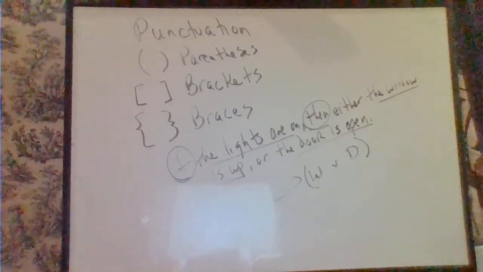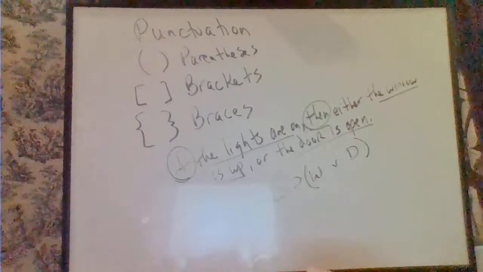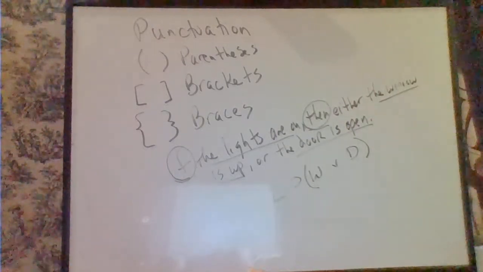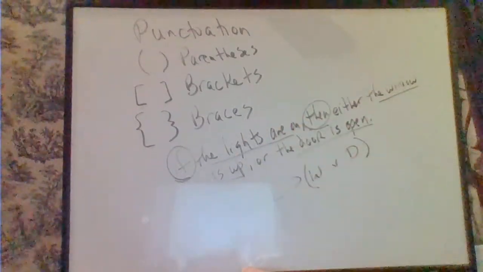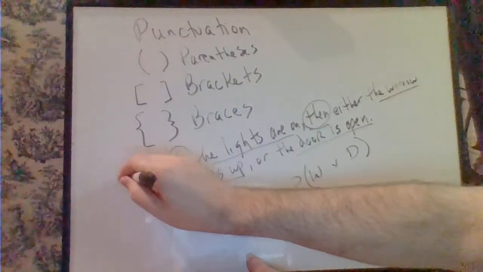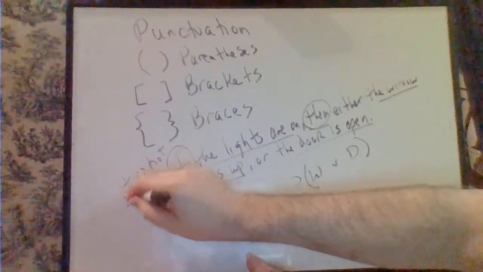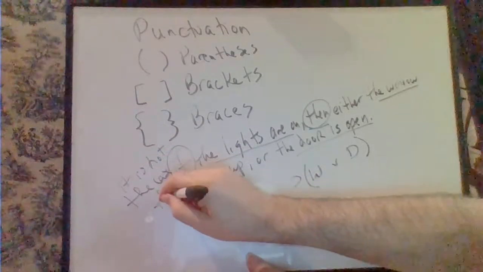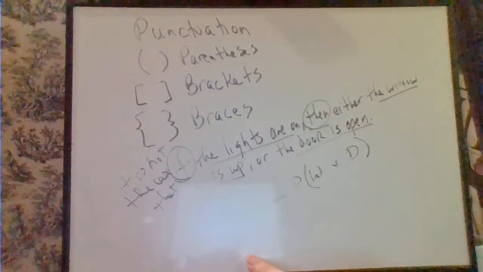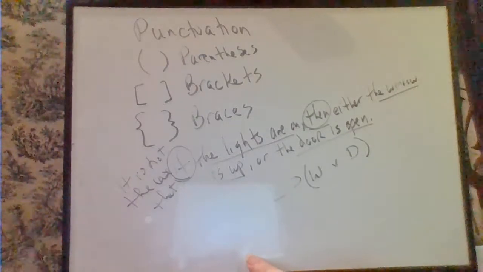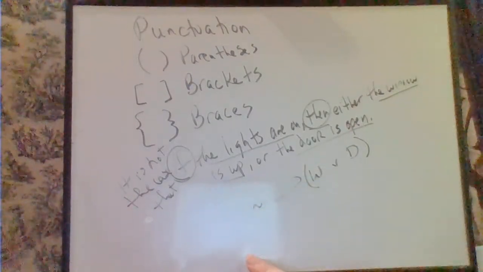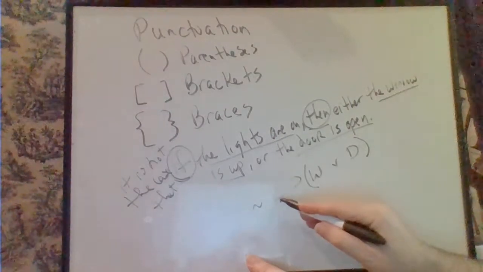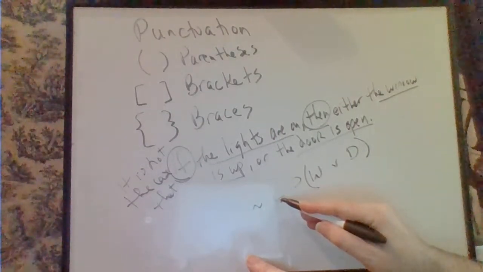Now, what about brackets? Well, again, just like I showed you before, suppose that I wanted to deny not part of this, but all of this. So it is not the case that if the lights are on, then either the window is up or the door is open. Well, again, if I want to deny it, I'm going to use the tilde. But if I just put the tilde there in front of it by itself, then that tilde is only going to deny the statement about the lights.